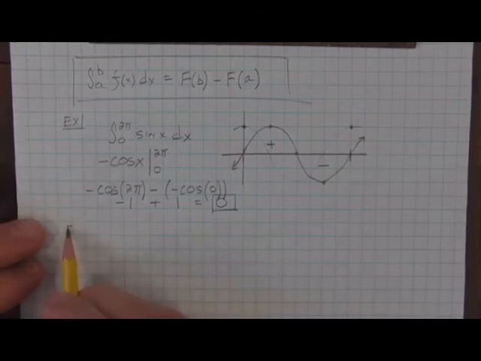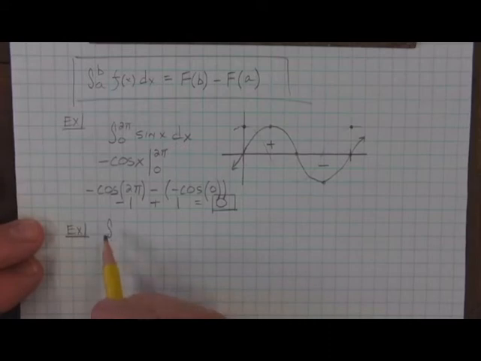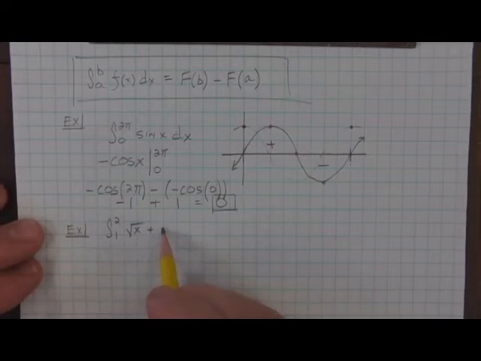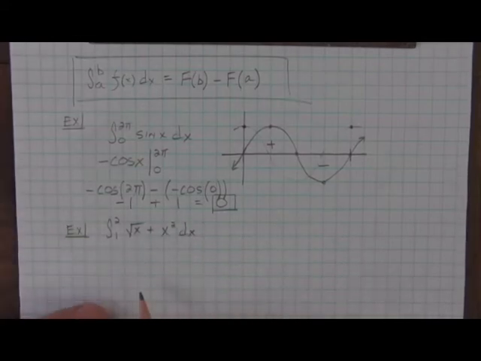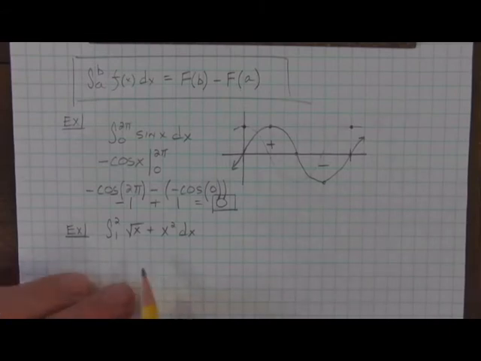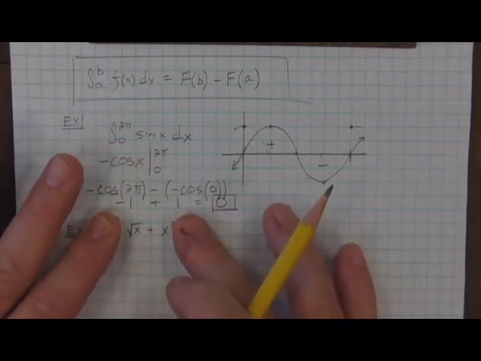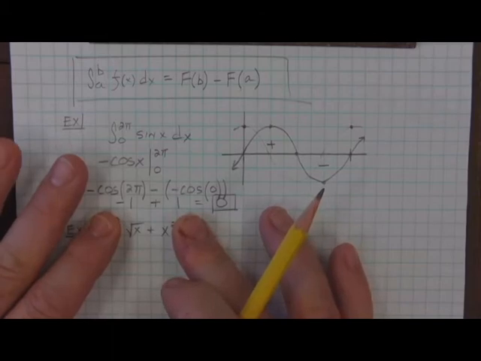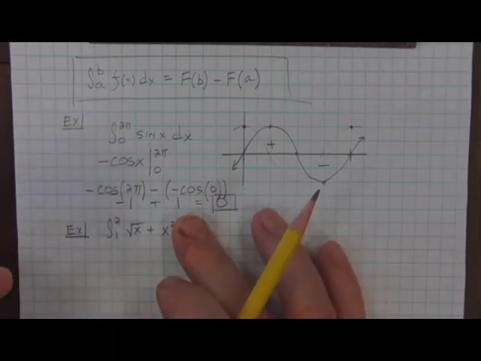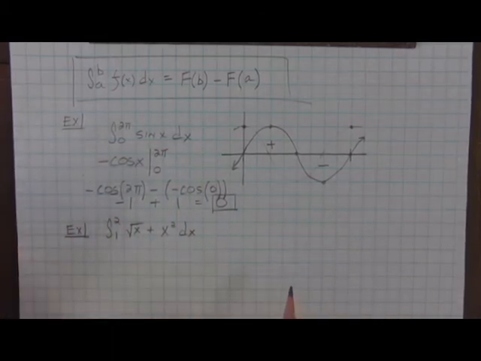Let's see another example. How about evaluating the integral from 1 to 2 of radical x plus x squared with respect to x? We want to find the antiderivative of radical x plus x squared, and then we're going to put the bounds into it and produce a final value.